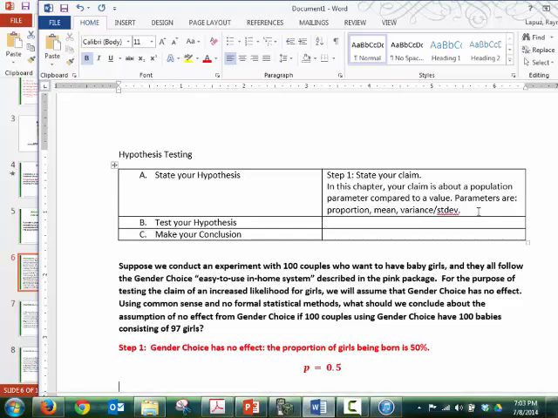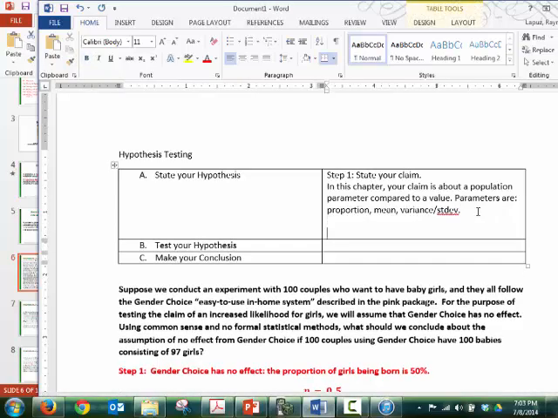All right, so this is where the recipe part comes in for your hypothesis.